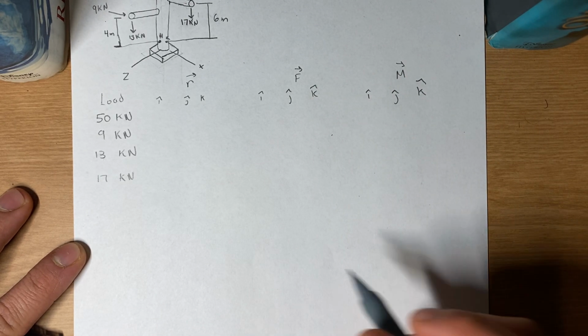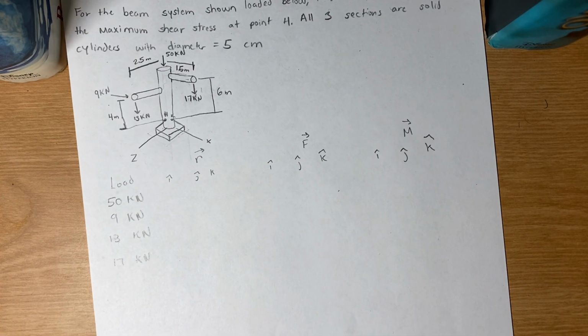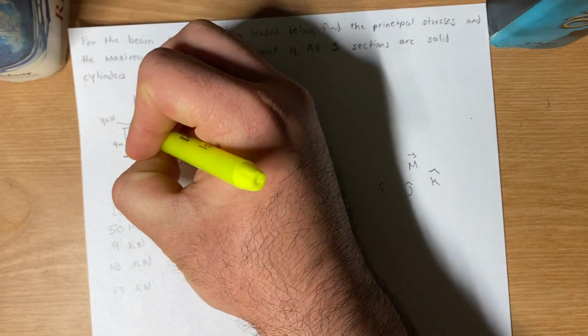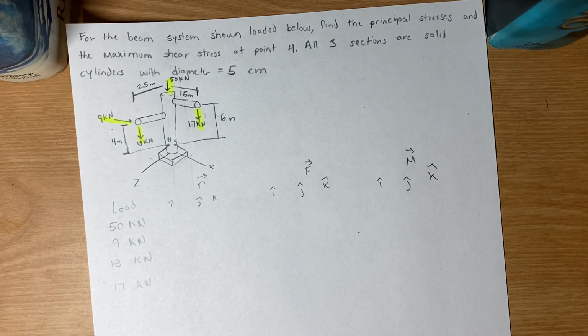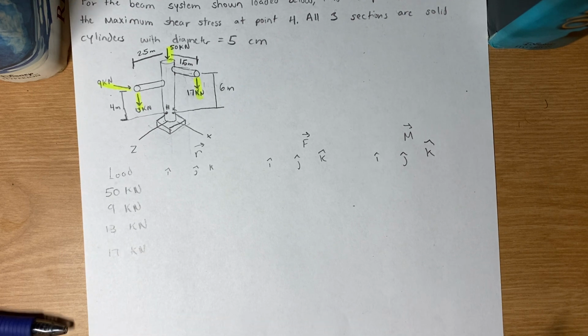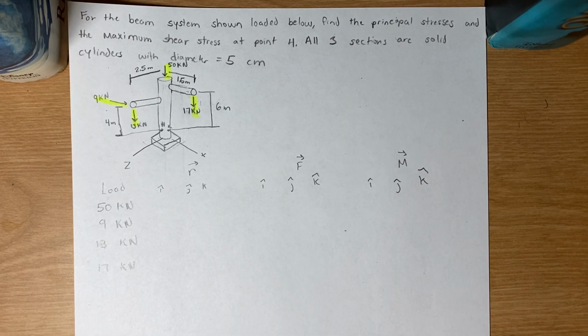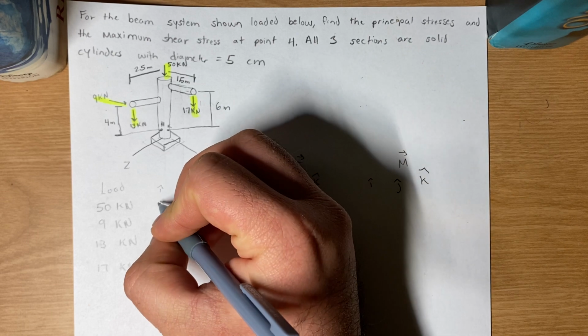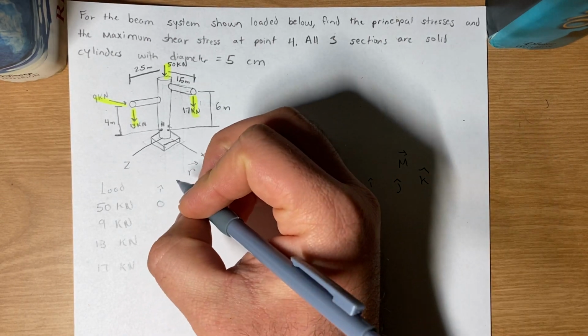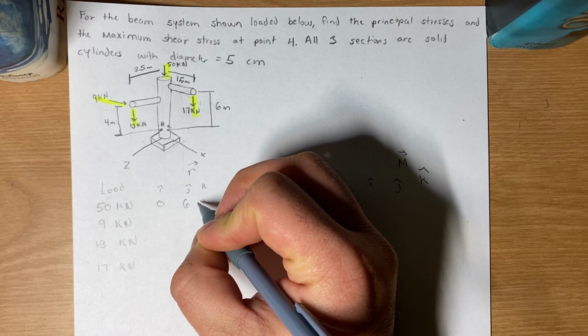Let me highlight the forces so it'll be easier to identify. For our 50 kilonewton force, that one is at the center, so the distance is 0, 6 meters, 0.